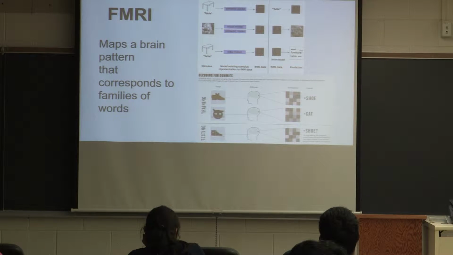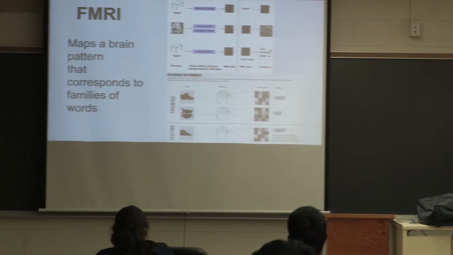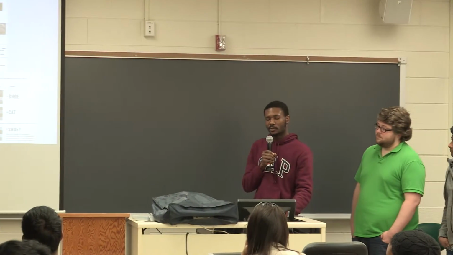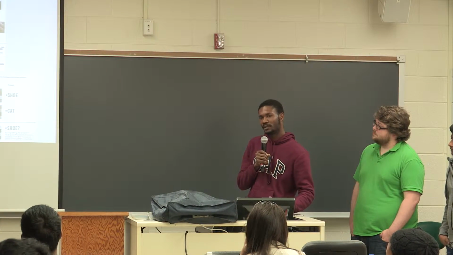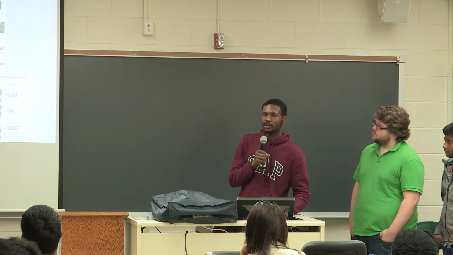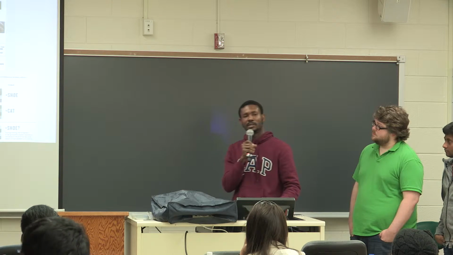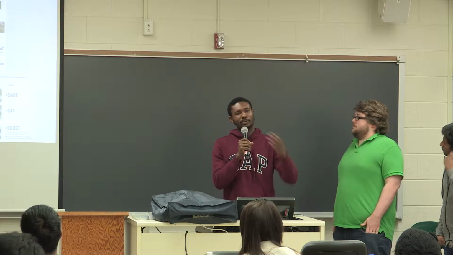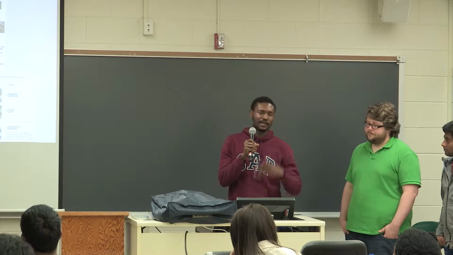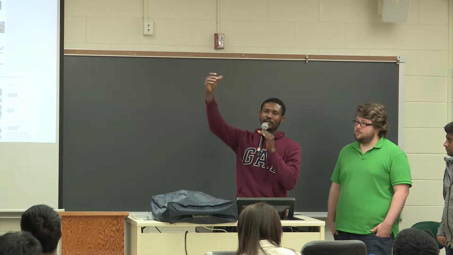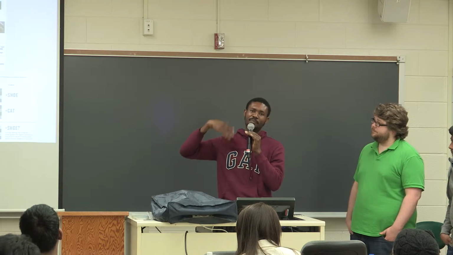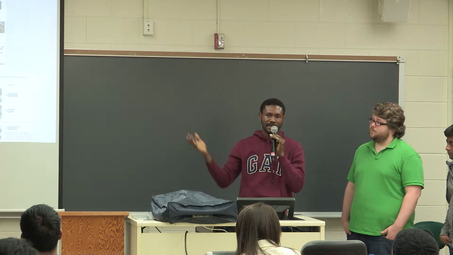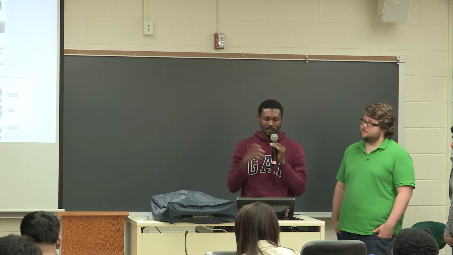The fMRI actually maps a brain pattern that corresponds to families of words. What researchers have been able to do is that for us to know what is going through your mind, you go through the MRI scanner, and before you go in, you are presented with several kinds of objects, words, and stuff like that.